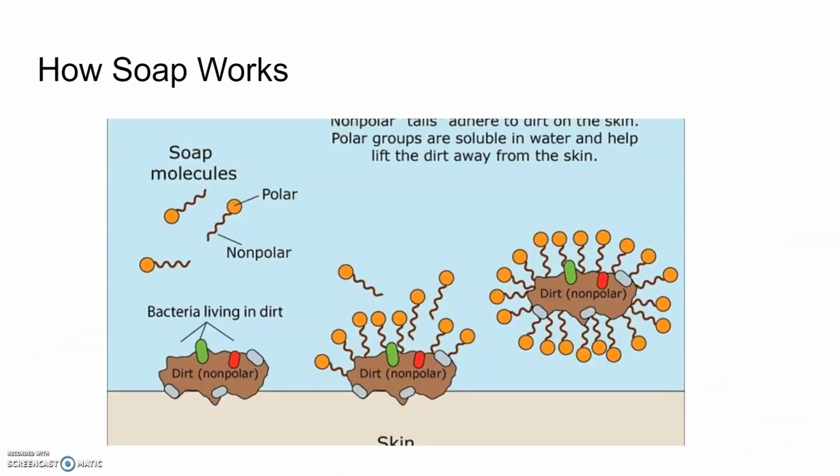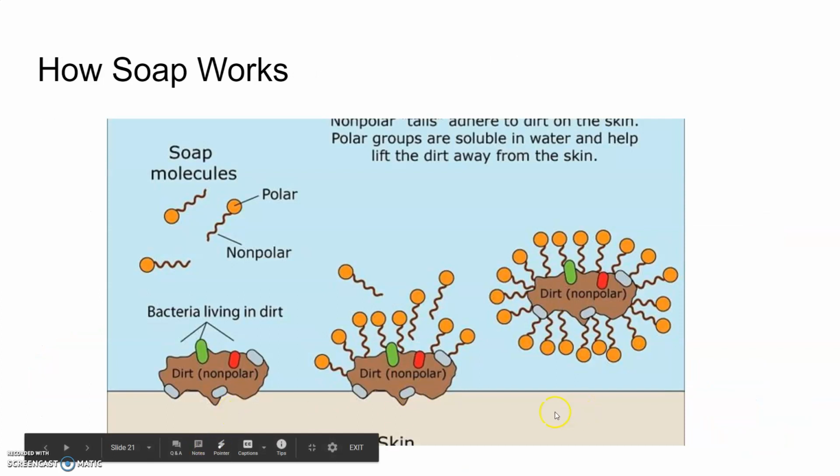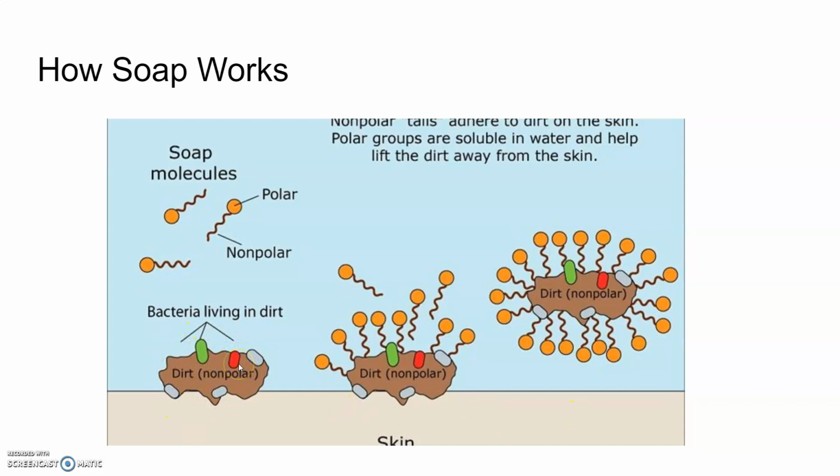So I just want to sort of illustrate that for you. So here you have, here's your skin that's on the surface, and here you have a clump of dirt. Now, dirt oftentimes will sort of aggregate where there's oils on your skin. So water won't wash that off because the oil is nonpolar and the water is polar.